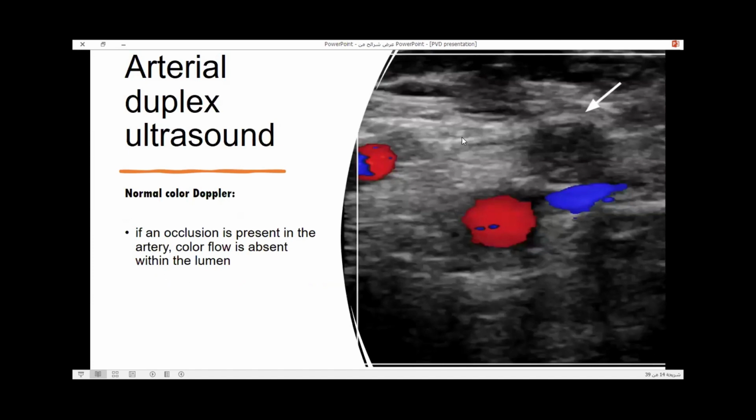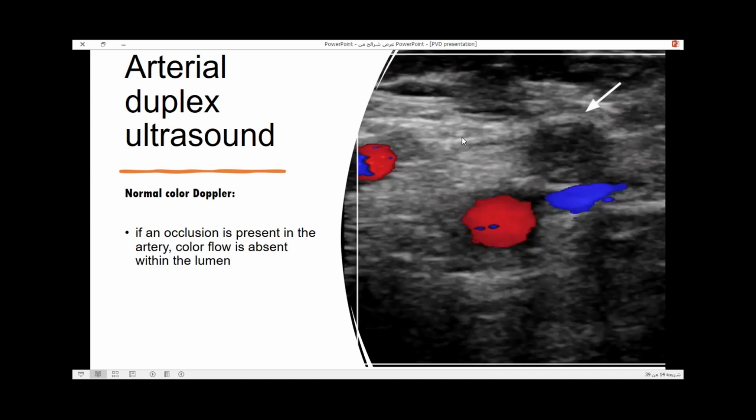In arterial duplex ultrasound, the most important advantage of the ultrasound is the Doppler. The initial image we can evaluate for the arterial system is whether it is patent or occluded.